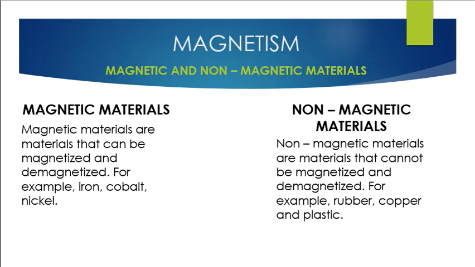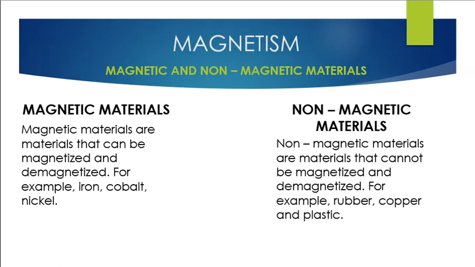This is why it's not very wise to define a magnet as a piece of material that attracts metals, because not all metals in our world can be attracted to a magnet. Some metals just don't get attracted by a magnet. So this is why it's very useful to use the term magnetic materials, like I said at the start of this lesson.